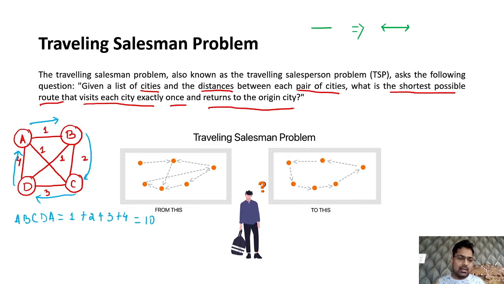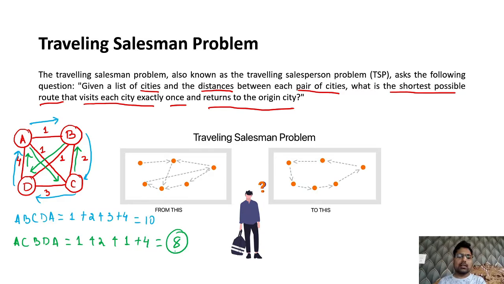So A to C we can also move, but we don't move from C to A, because as per the problem, though it is bidirectional, repetition is not allowed. So we can start from A to C, then C to B, B to D, then D to A. I'm writing A, C, then B, then D, then A. The distance would be 1 plus 2 plus 1 plus 4. So we are getting 8, which is the minimum.